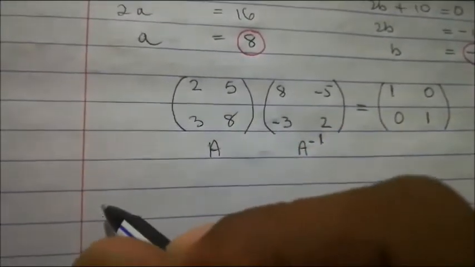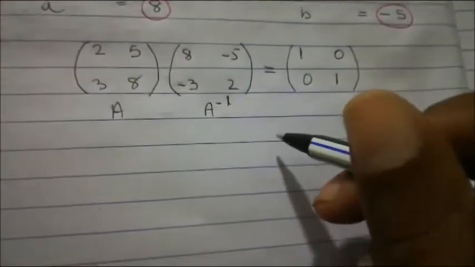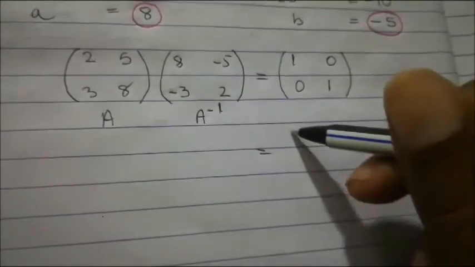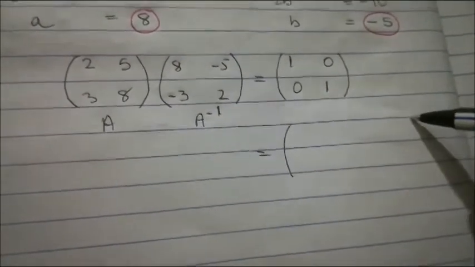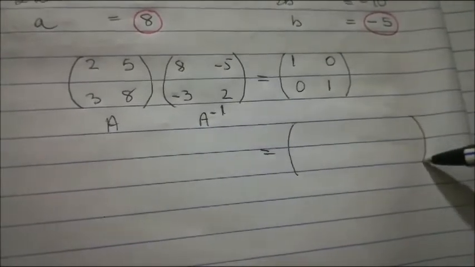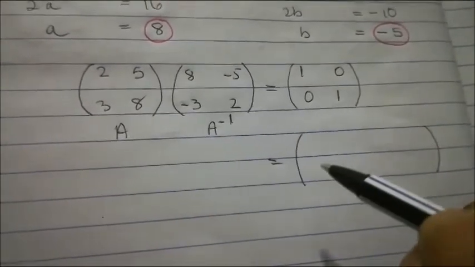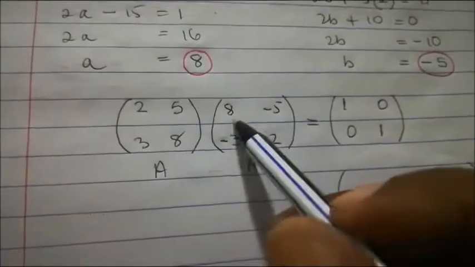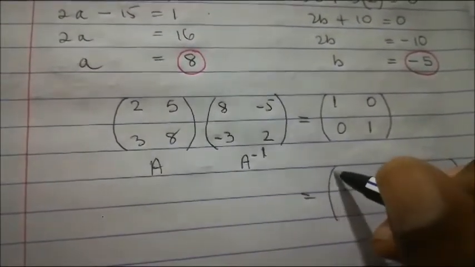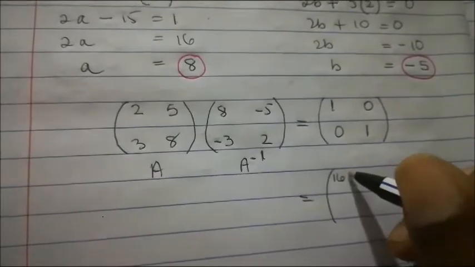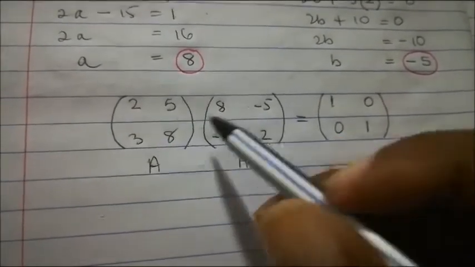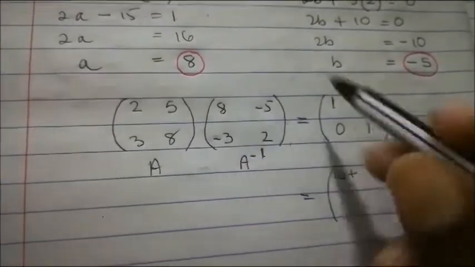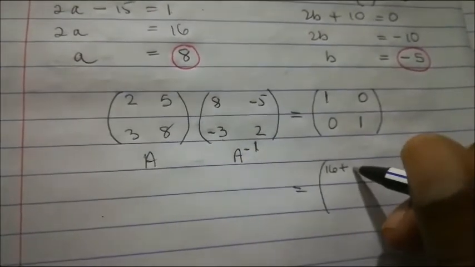2 times 8 is 16. So we're going to get, let's draw a bigger matrix, right, for this. So 2, 8, 16. 5, 3 is 15, that's minus 15.